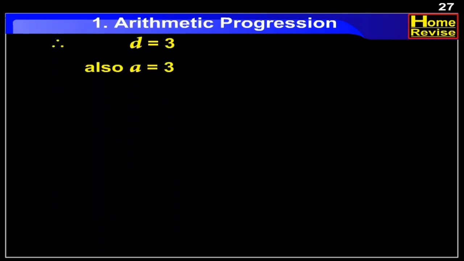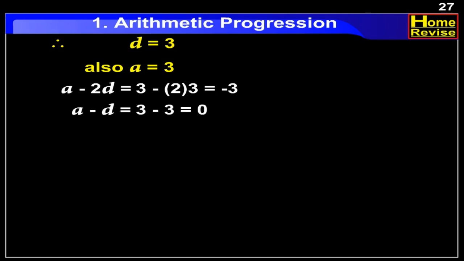Now, we shall find out the temperatures from Monday to Friday. Number 1. a minus 2d is equal to 3 minus 2 into 3, which is equal to minus 3. Similarly, a minus d is equal to 3 minus 3, which is equal to 0.